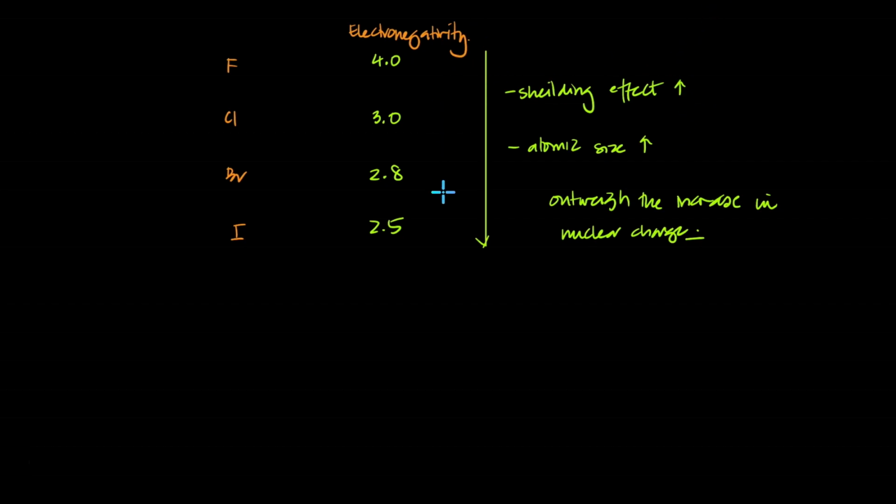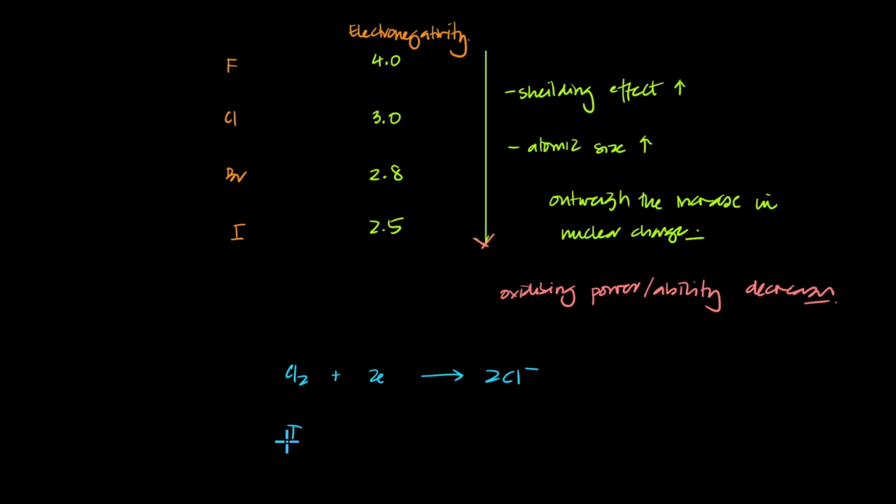It becomes harder to gain electrons, which in chemical properties means down the group the oxidizing power of these fellows decreases, because oxidizing ability is I2 gaining electrons, like this. What I'm saying is that chlorine's ability to gain 2 electrons to become chloride is much greater than iodine's ability to gain electrons. Both of these are acting as oxidizing agents, but chlorine is a stronger oxidizing agent than iodine. Down the group, the strength of the oxidizing agent decreases.